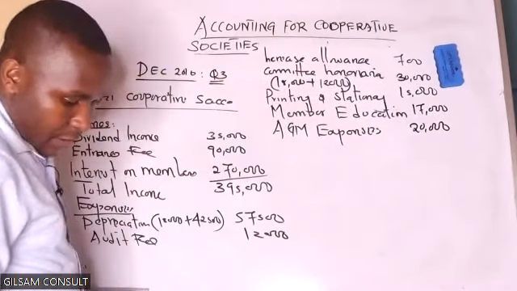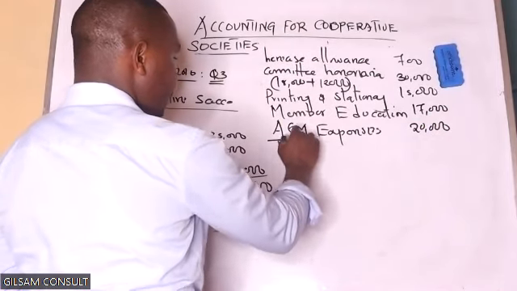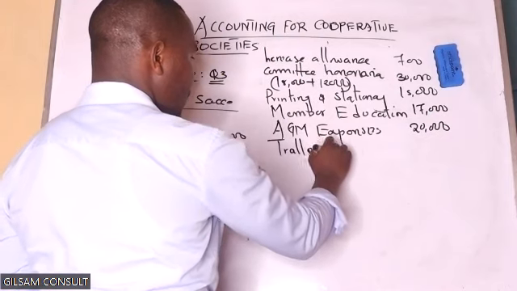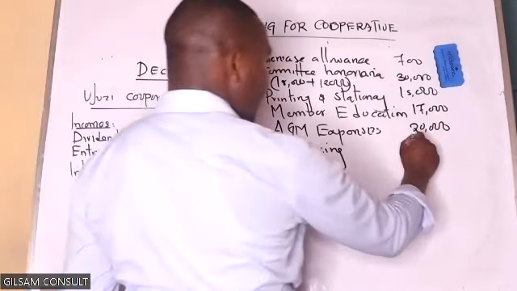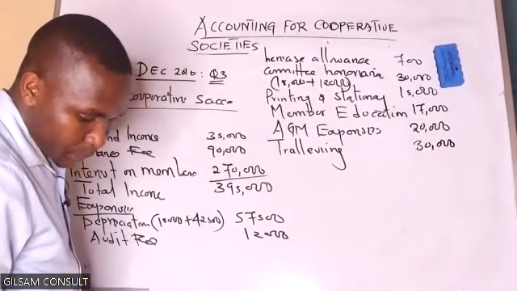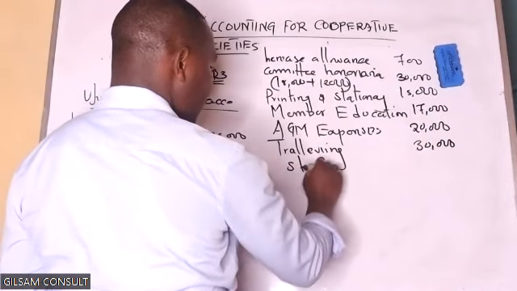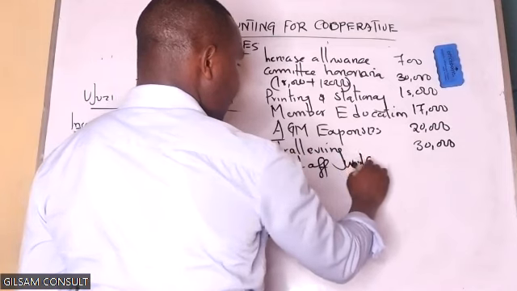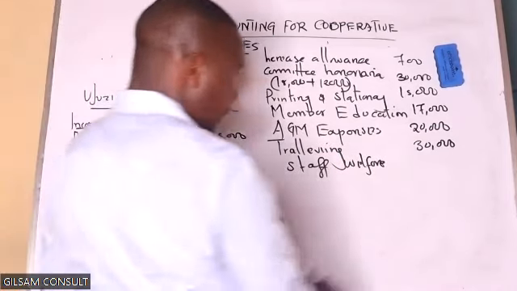Traveling expense, it is 30,000. Staff welfare, 30,000.